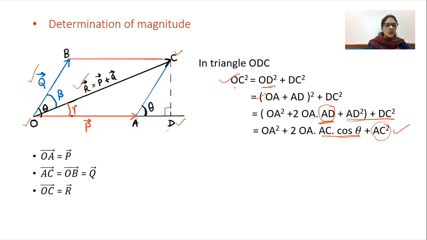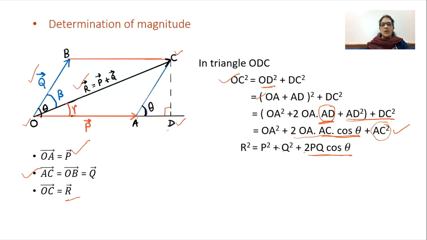This is OC, so this is R, so it is R square. OA is P, so it is P square. 2 OA AC, see, this term is written here. So 2 times, this is P, this is Q, and this is cos theta: 2PQ cos theta. And AC square, AC is Q, so it is Q square. So R square is equal to P square plus Q square plus 2PQ cos theta.